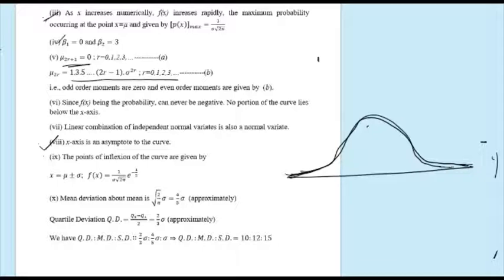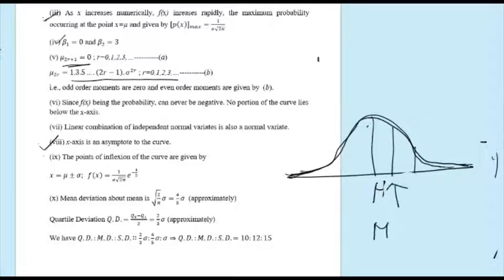The points of inflection of the curve are given by x equal to mu plus or minus sigma. As we know, the middle point is mu. We can define the distance from mu as 1 sigma, mu plus 1 sigma.